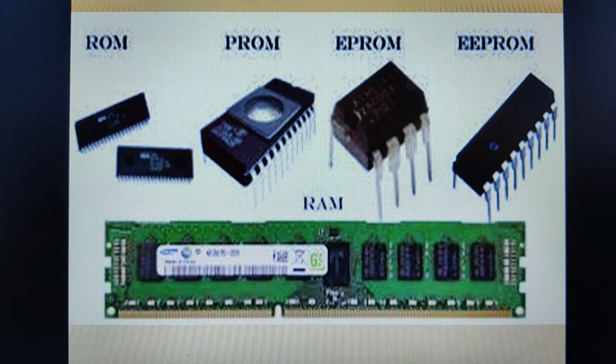So what is this PROM? PROM is a kind of memory onto which the data could be written only once, because the contents are being programmed by the manufacturer himself by using a special device known as PROM programmer or the PROM burner.